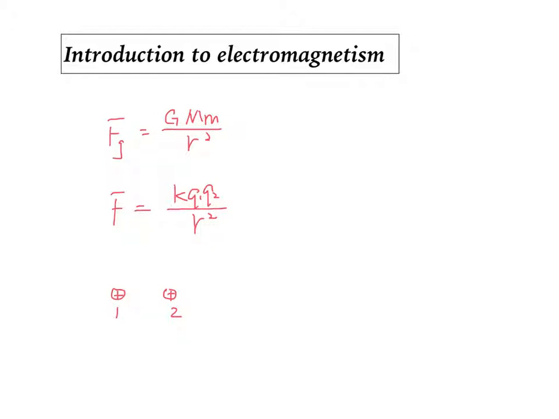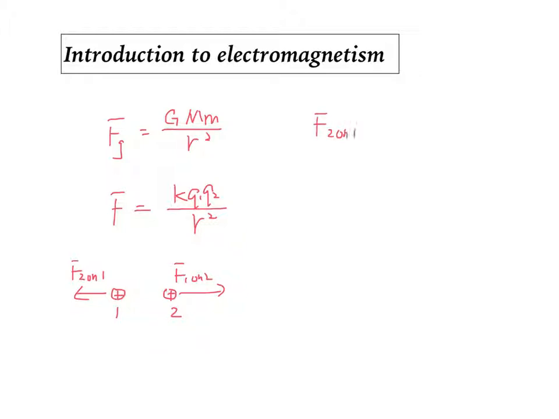The force acting on charge 1 is because of the existence of charge 2, so we call this force F2 on 1, and vice versa, we call this F1 on 2. According to Newton's third law, F2 on 1 should equal F1 on 2 in magnitude.